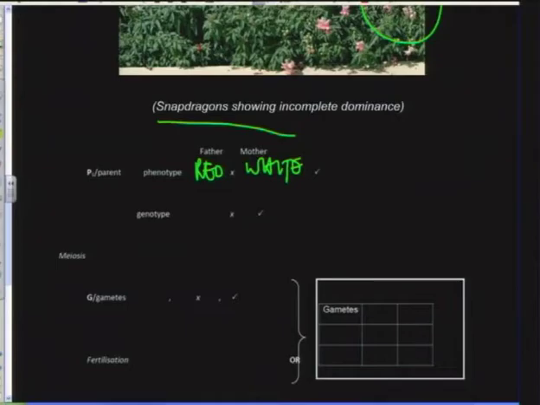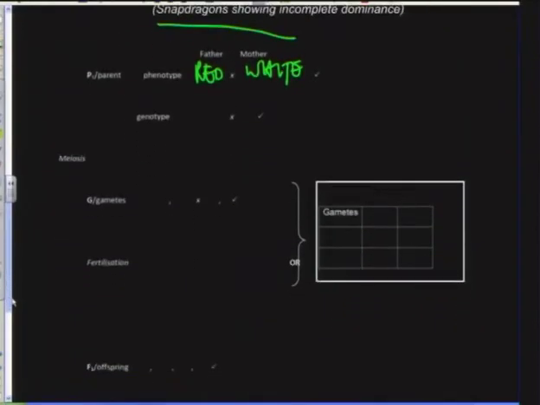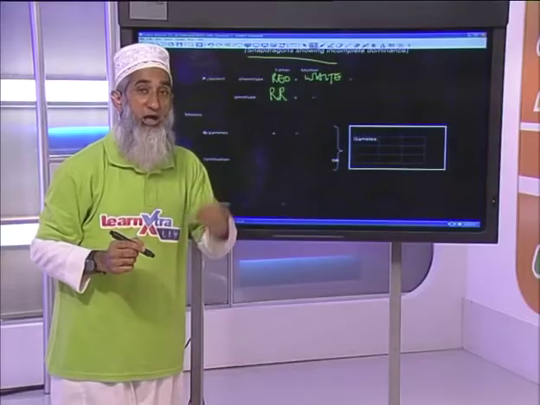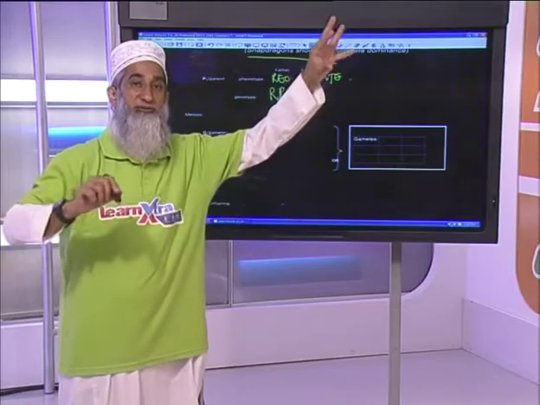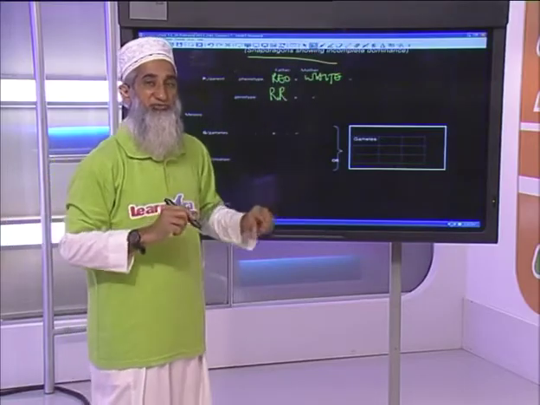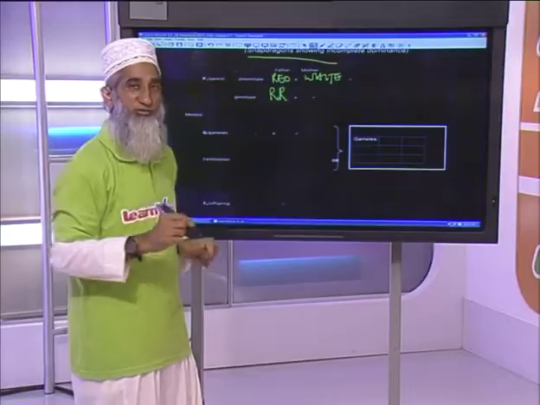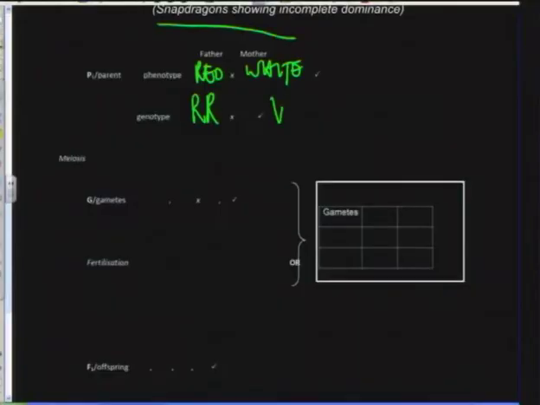Notice I am showing you here as well the format of how to answer this question. The genotype, if we're starting with homozygous, will be capital R. Normally, we would have shown small r because of our complete dominance. We move away from this because neither is dominant over the other, so we use capital W's. You have to use capital letters to show that there is no dominance between these two.